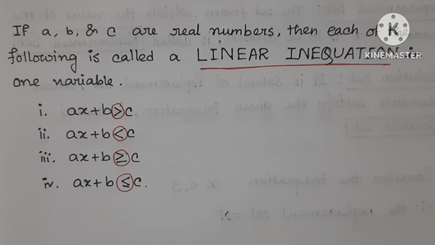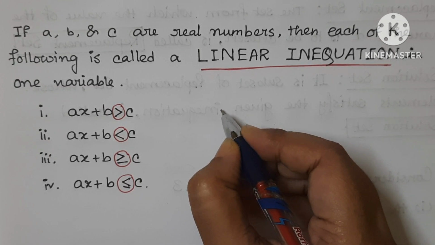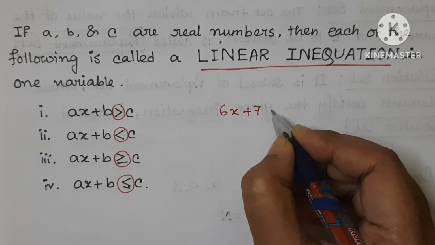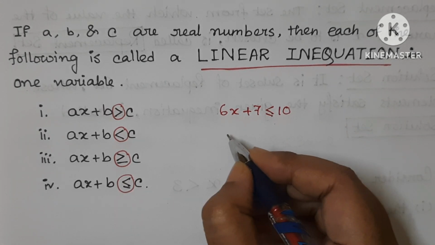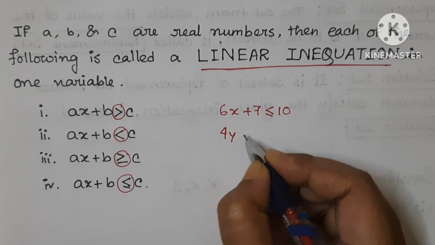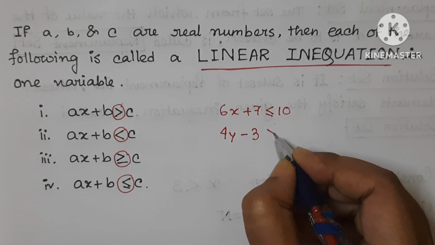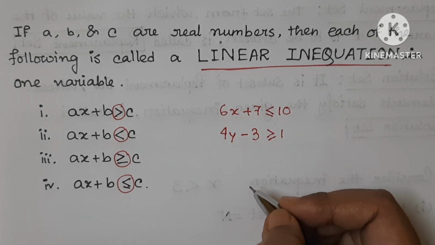So an example of a linear inequation can be like 6x plus 7 less than or equal to 10. Another one, 4y minus 3 greater than or equal to 1. That can also be an example.